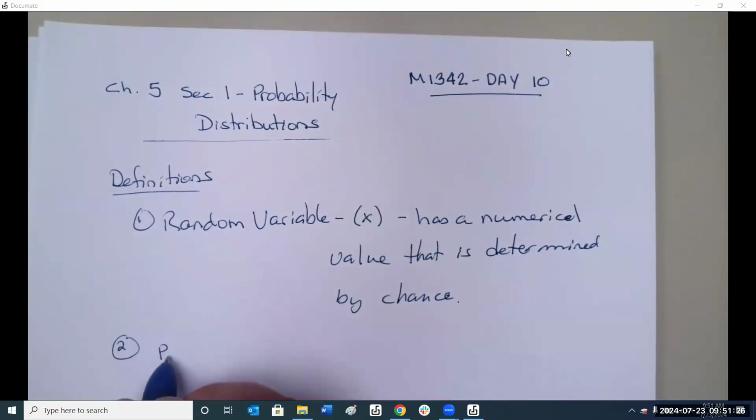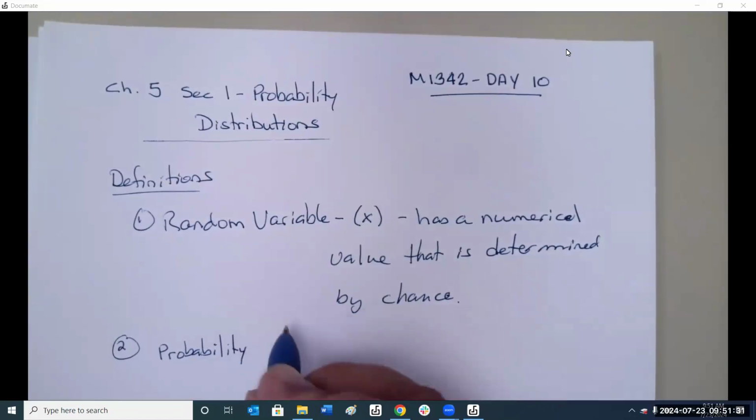The next thing we're going to define is the probability distribution.